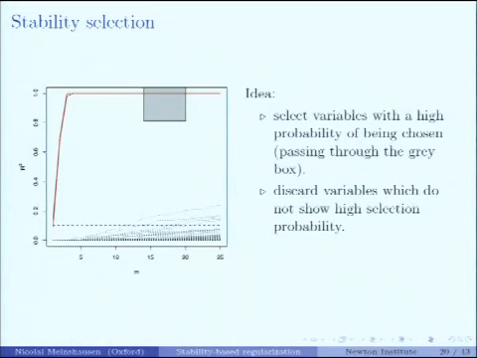So the idea could be that you put a gray box somewhere here and say, I want each variable which I'm going to select to have a probability of being chosen of at least 0.9 or something if I include 15 variables or something of that sort. And all the other variables which don't make it up there, I want to discard as kind of noise variables.